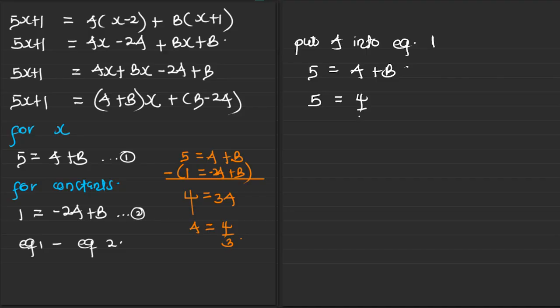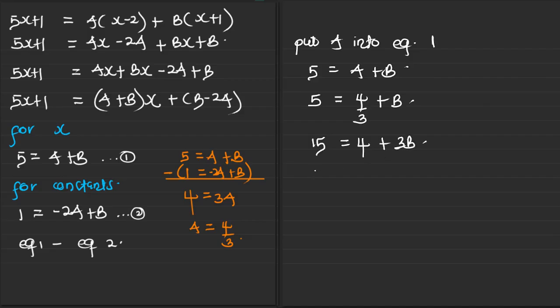So 4 over 3 plus B. Then all you have to do is to make B the subject. To make B the subject, we multiply each and every term by 3, so that we have 15 is equal to 4 plus 3B.